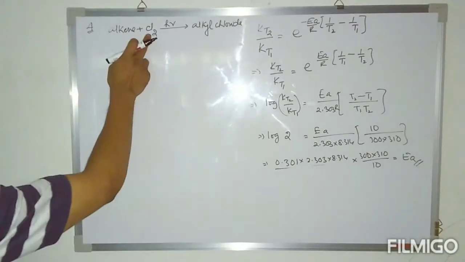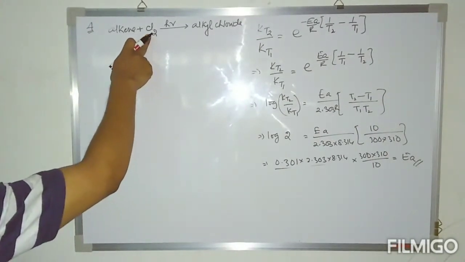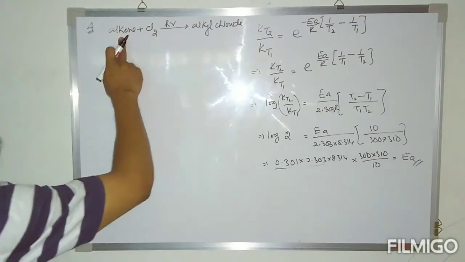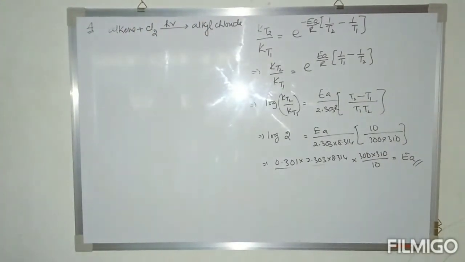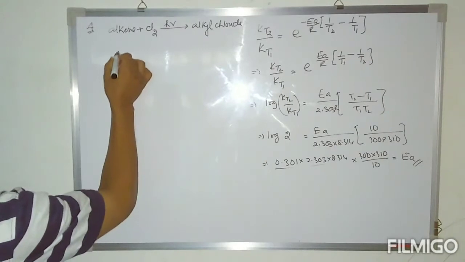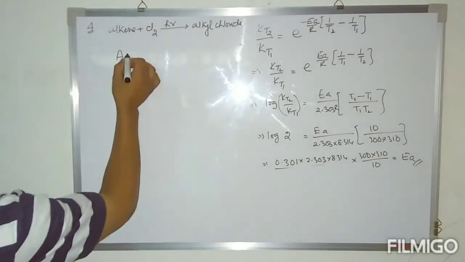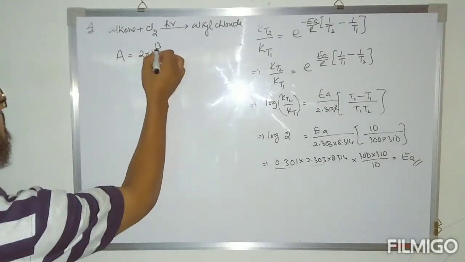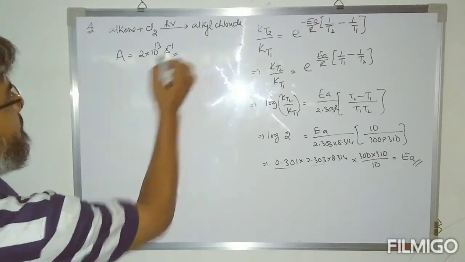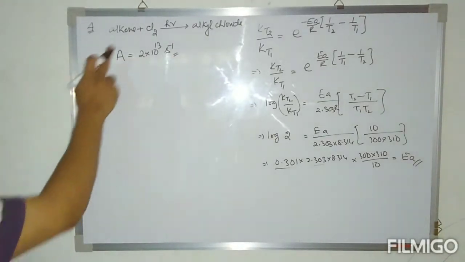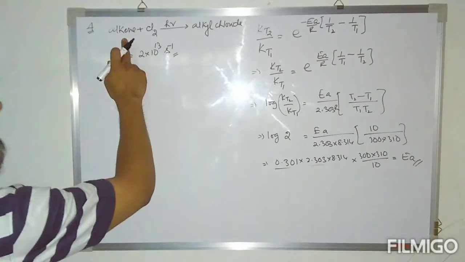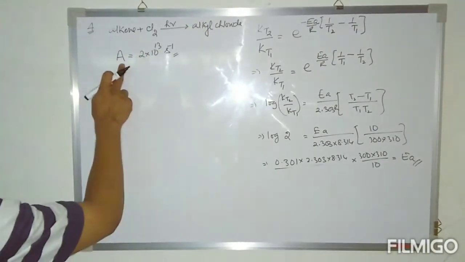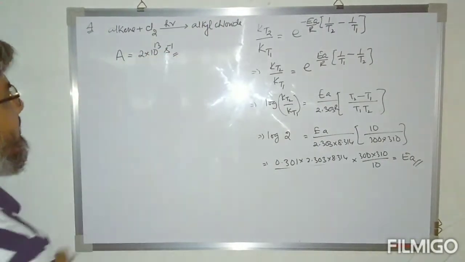That means free radical addition of fluorine to alkene, that is a free radical fluorination reaction. The pre-exponential factor A, or Arrhenius factor A, is given as 2 into 10 to the power 13 second inverse. So this is free radical fluorination of alkene to give you alkyl product, for which the pre-exponential factor A is 2 into 10 to the power 13 second inverse.